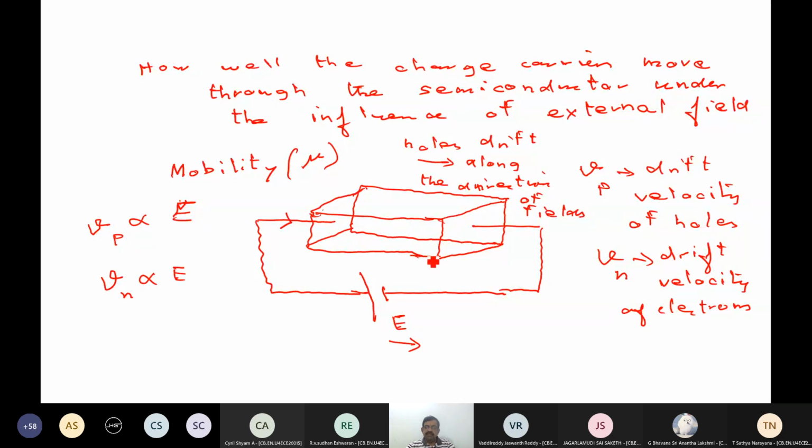Electrons, on the other hand, are negatively charged. They will move in a direction opposite to that of the field. So electrons drift in an opposite direction to the field.